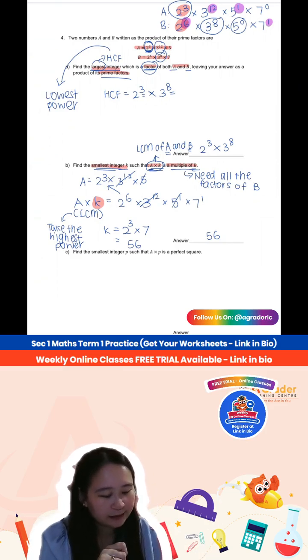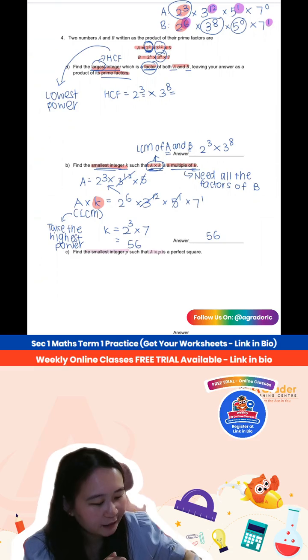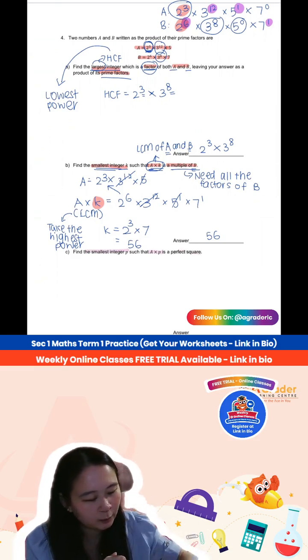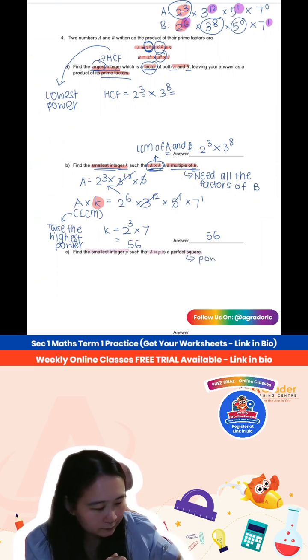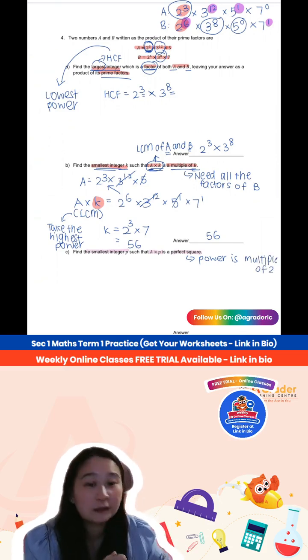Find the smallest integer p such that a times p is a perfect square. So same thing, perfect square means I want the powers to be multiples of 2, or even powers.